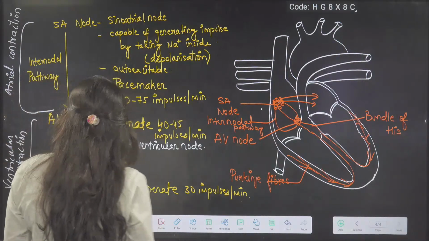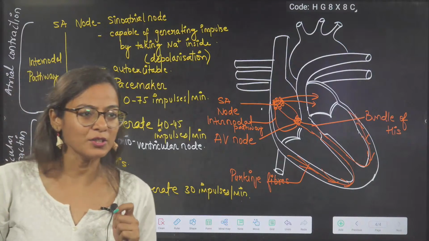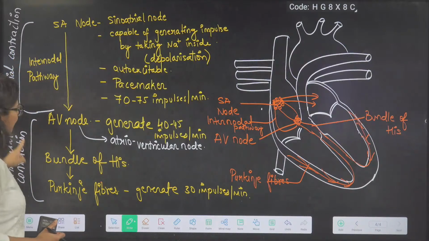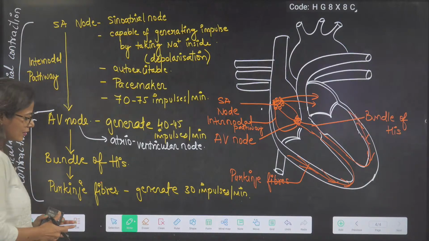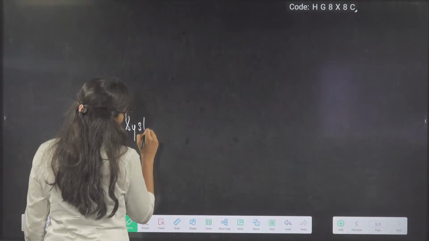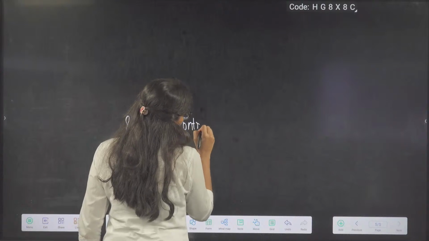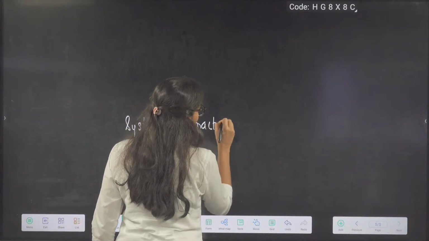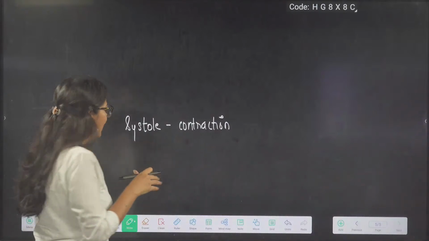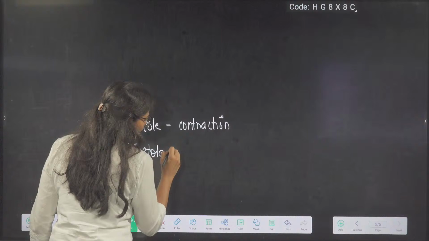Yes. Okay. Now there is one new term that I am going to add. This word is there, contraction. Right? Contraction. There is another term for that. That is called systole. So systole means contraction. And when contraction happens, only then will the blood move out of that chamber. There is another term that is called diastole. So diastole means what?